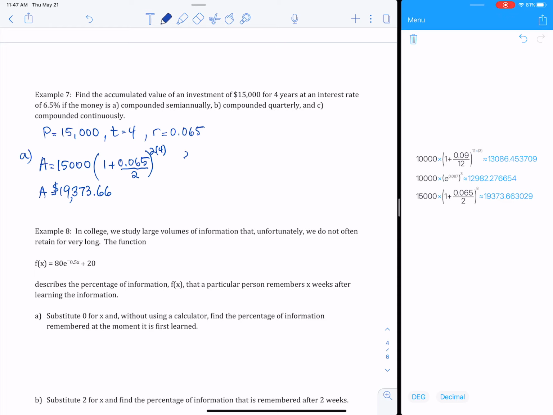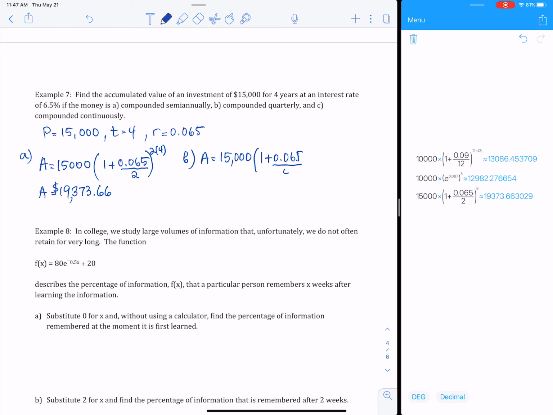For question B, we'll have A is equal to 15,000 times 1 plus 0.065 compounded quarterly. Well, how many quarters do we have? 4 quarters.